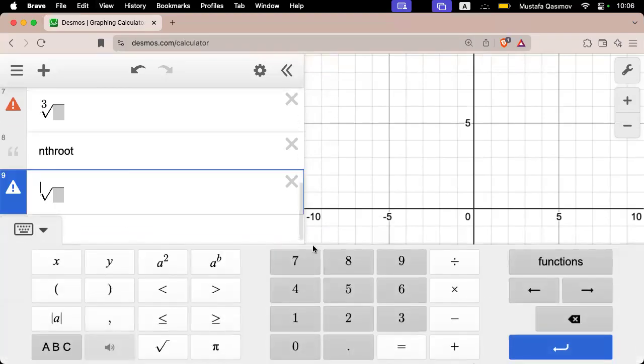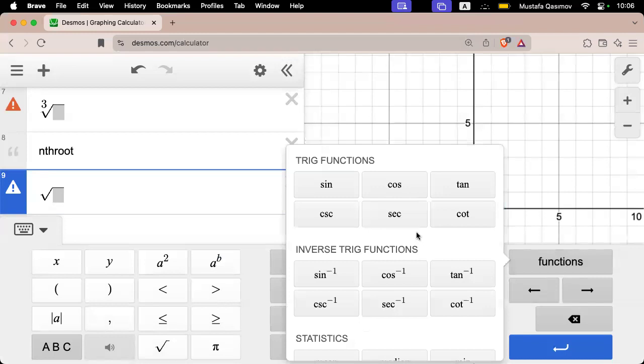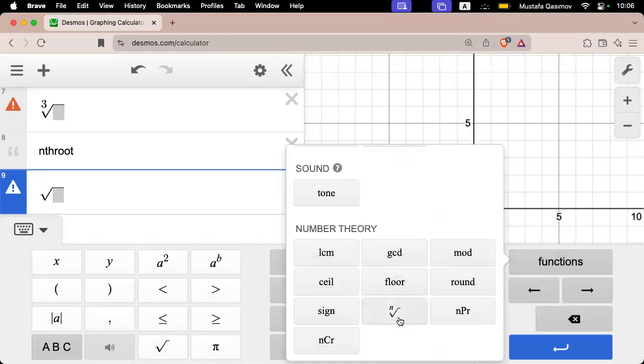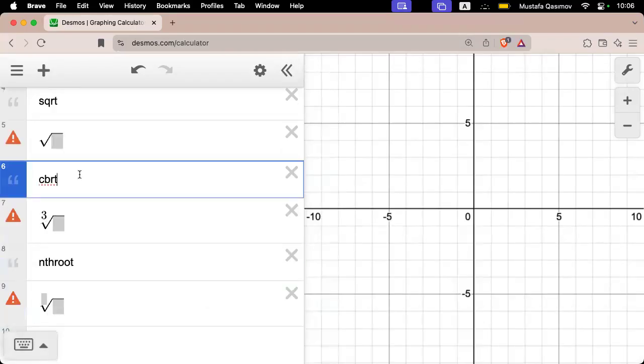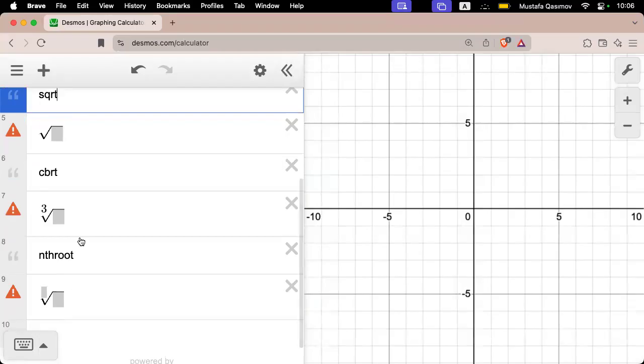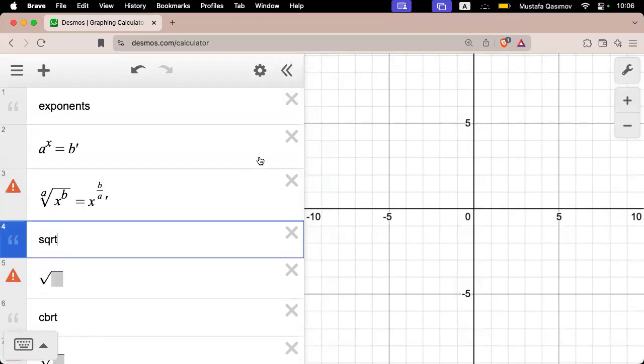You can find them from here also. You have square root here, and also you have nth root here. But when you write from here, you will lose a little time. So that's why memorize that shortcut and use it at the exam when needed. Do you have any question from here?